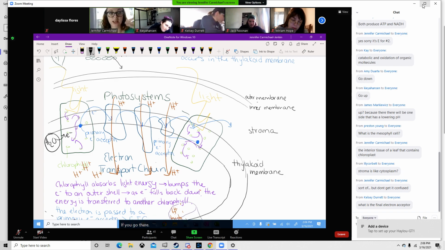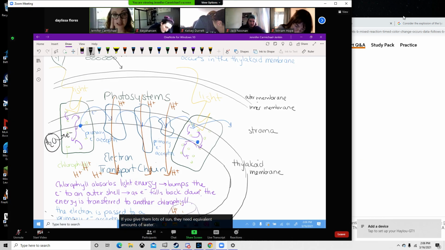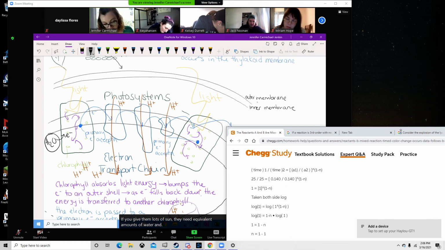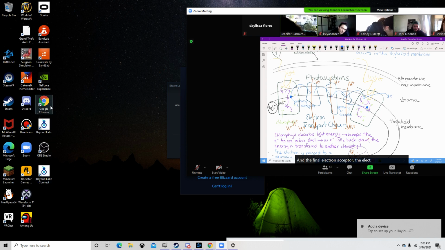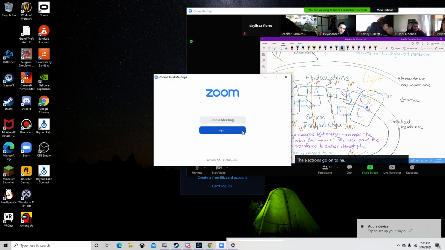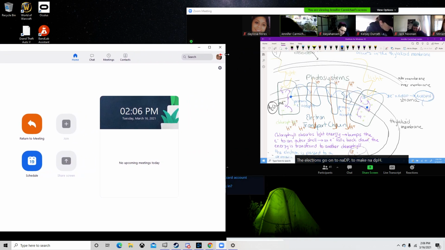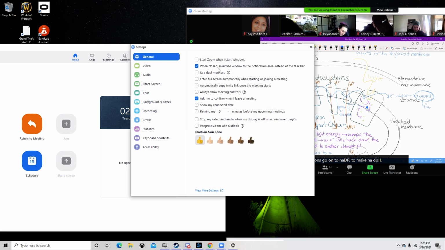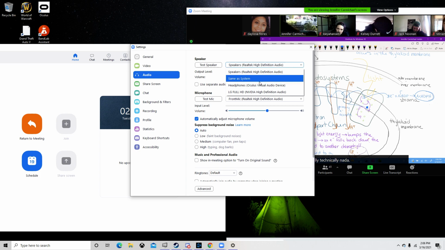If you give them lots of sun, they need equivalent amounts of water. And the final electron acceptor, the electrons go on to NADP to make NADPH. Well, actually, technically NADP is the final electron acceptor.